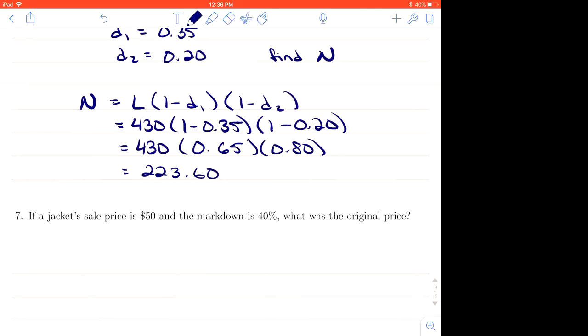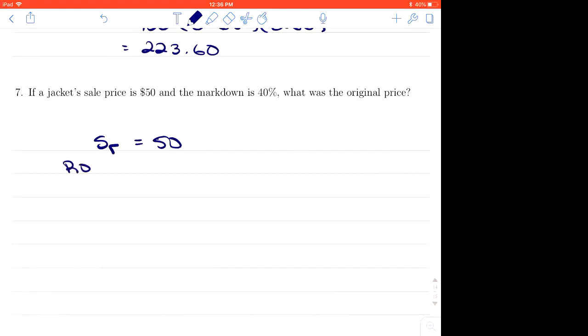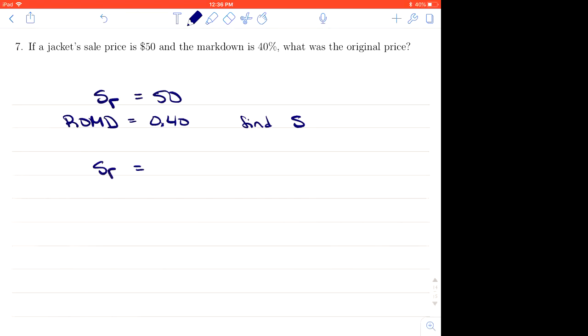If a jacket's sale price is $50 and the markdown is 40%, what was the original price? We're told that the reduced selling price, S subscript R, is 50, and the rate of the markdown is 0.4. Find S. From our formula sheet, we know that the reduced selling price is S times 1 minus the rate of the markdown.